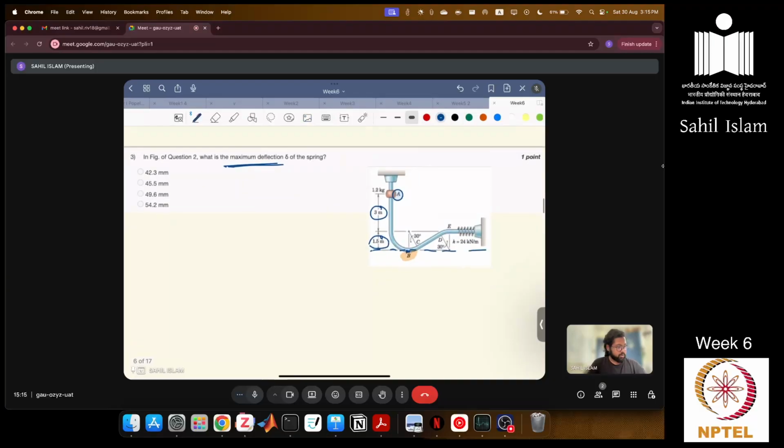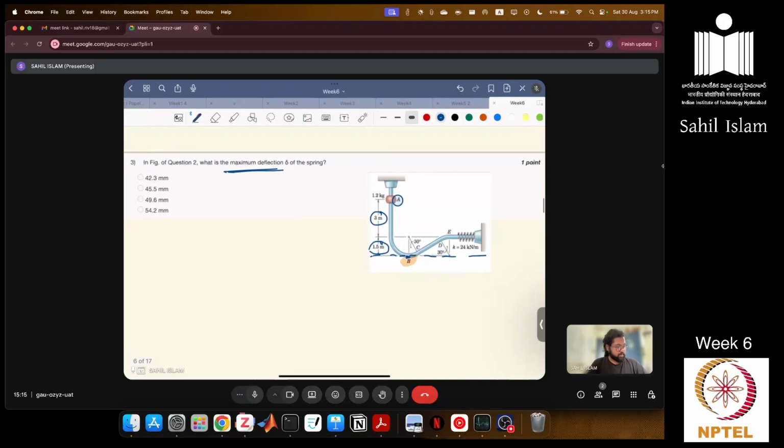Okay, remember this was falling, goes here to this point E, and this starts compressing.